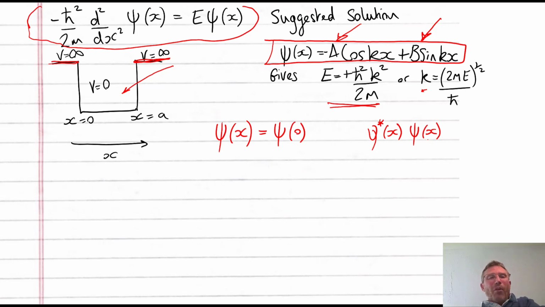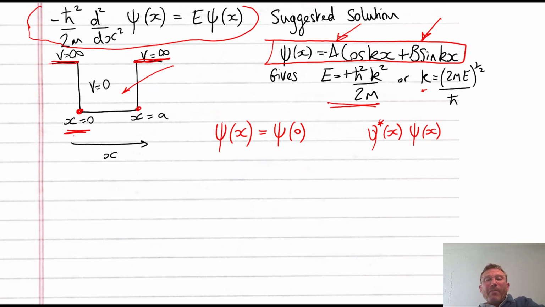And so as soon as we've reached the point where x equals a, the probability of that electron being at that position must be 0, because at that point the potential goes to infinity. So we know that that electron is not outside the box. At the same point, when x is equal to 0, the probability must also be 0.